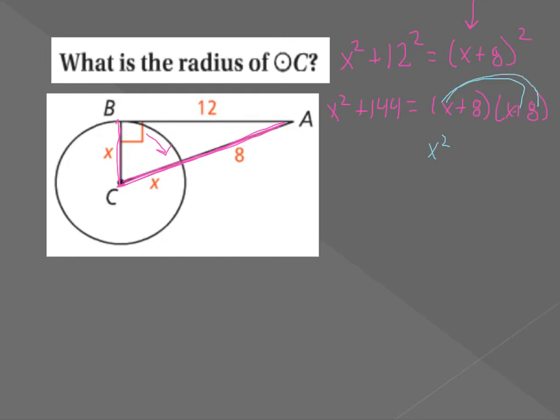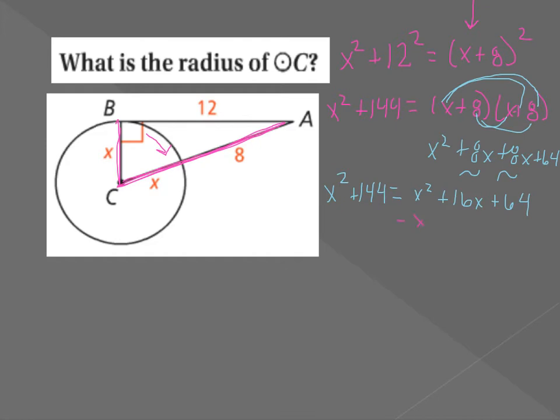And then I have x times 8, which is 8x. And then my insides, I have another 8x, 8 times x. And then my outside, or my last, is 64. So now if I simplify this, I have x squared plus 144 is equal to, I'm going to combine my like terms here, x squared plus 16x plus 64, and now I'm going to solve.